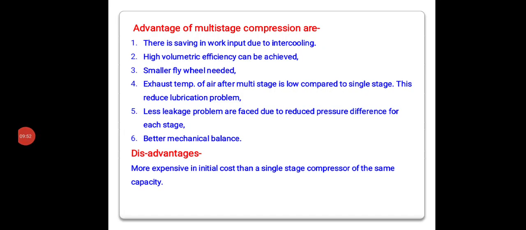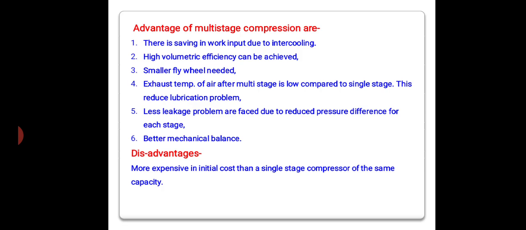Now, the advantages of multi-staging of the compressor: there is a saving in work input due to intercooling, high volumetric efficiency can be achieved, a smaller flywheel is needed, and the exhaust temperature of air after multi-stage is low compared to single stage, so this reduces the lubrication problem. Fewer leakage problems are faced due to reduced pressure difference for each stage, and we get better mechanical balance.